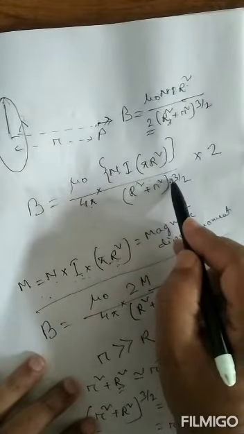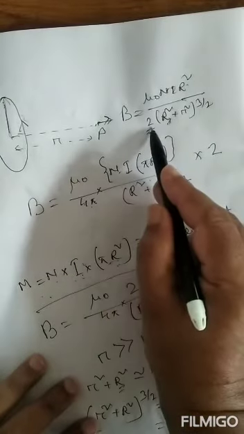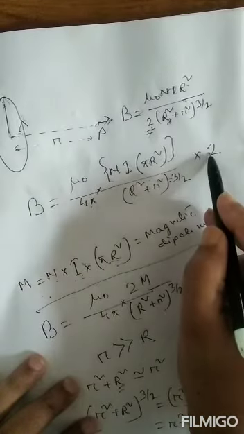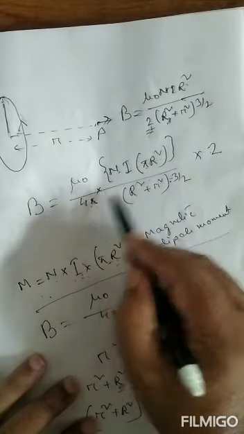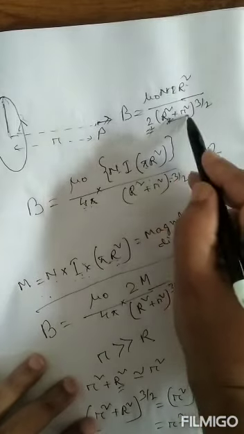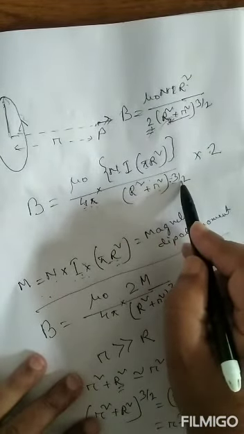This expression can be rewritten like this. Here only 2 is there, I have written 4 pi, so 2 is written here. Instead of this pi, I have written pi. This pi gets cancelled, these two get cancelled. So this term is exactly the same: capital R square plus small r square whole to the power 3 by 2.